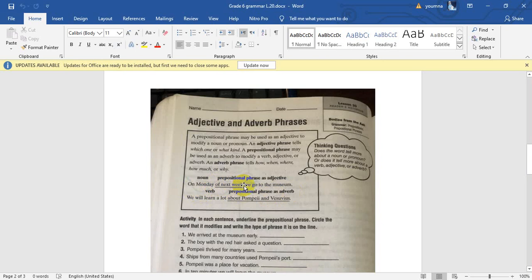Okay, so here, is it telling us which one? Yes, of next week. Okay, so this is an adjective phrase. We will learn a lot about Pompeii and Vesuvius. So here it's telling us something about where, places. So it will be an adverb phrase.